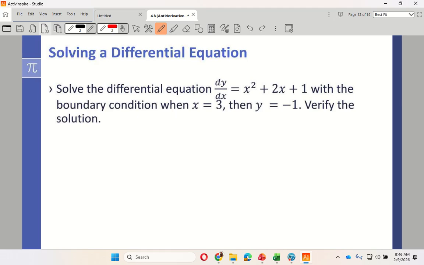Do you guys remember that or no? Okay, so that would be y equals x cubed over 3 plus 2x squared over 2 plus x and then plus c.